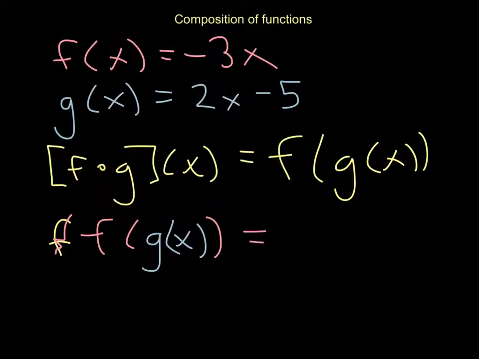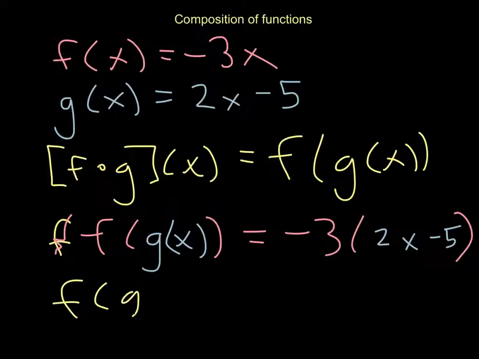So that'll be equal to whatever f of x was, negative 3 times a bunch of stuff. And inside of x we'll put g of x, in this case 2x minus 5. And then we can put that all together, and f of g of x looks like this.